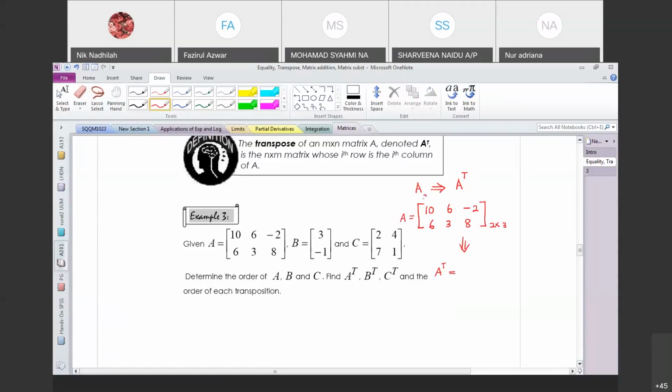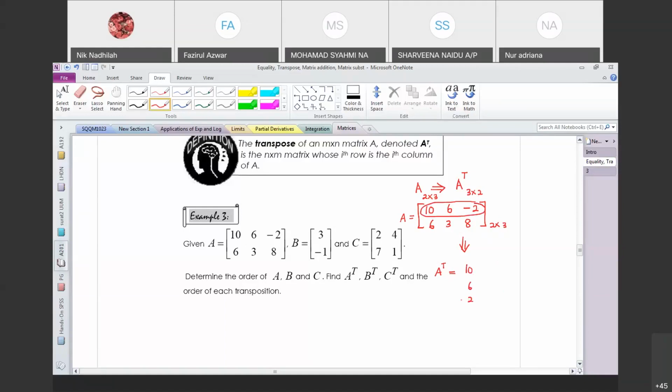When we transpose a matrix, the order will become 3 by 2. That means the first row now becomes the first column.